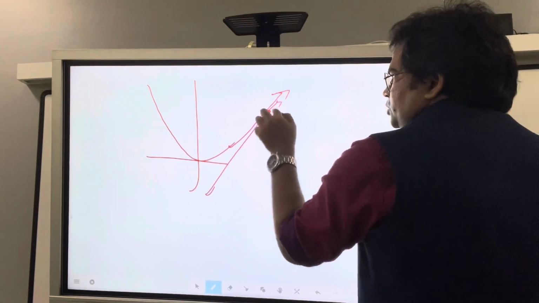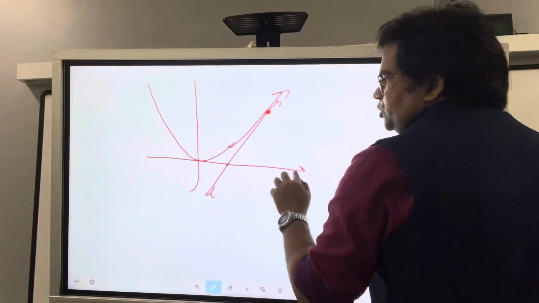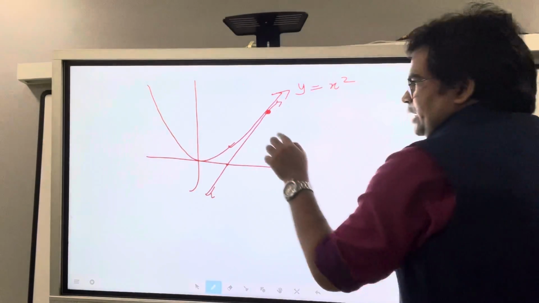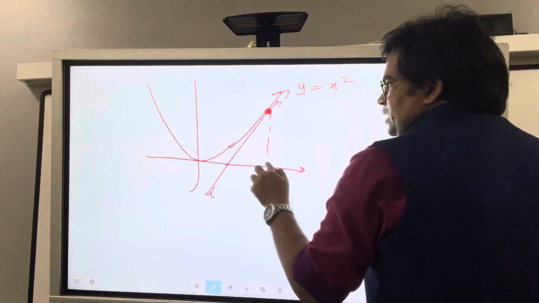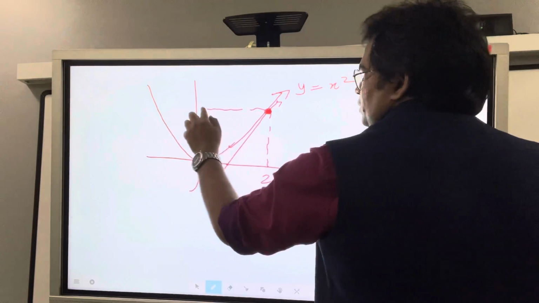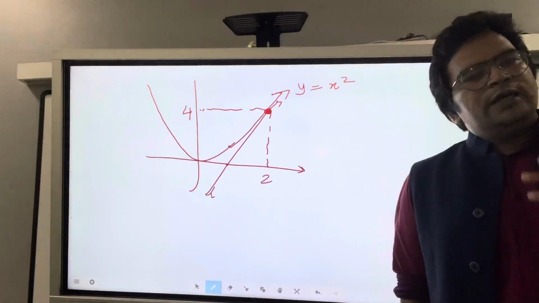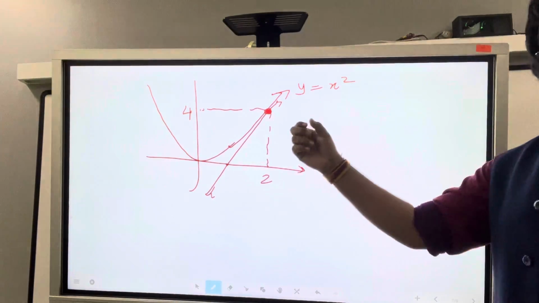So let's say there's the tangent, and the function that is given is y equals x squared itself, and the point that is given is 2, 4. So they will first ask you to find the equation of the tangent when x is 2.